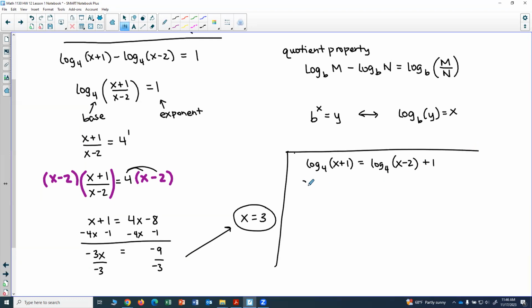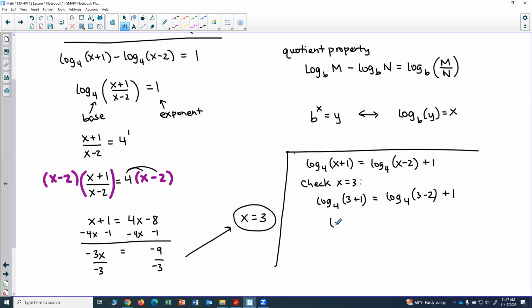So I'm going to check x equals 3. So I'll have log base 4 of 3 plus 1 equals log base 4 of 3 minus 2, close parentheses, plus 1.